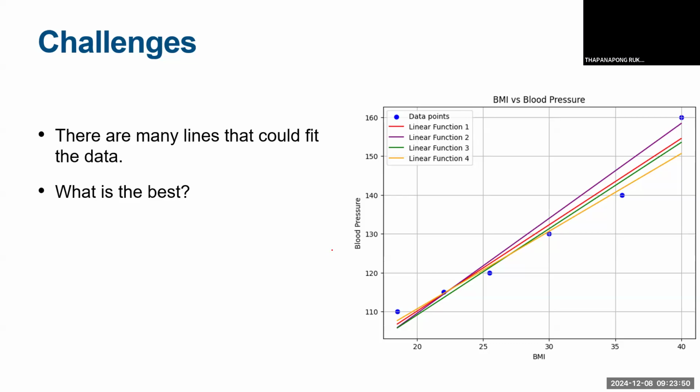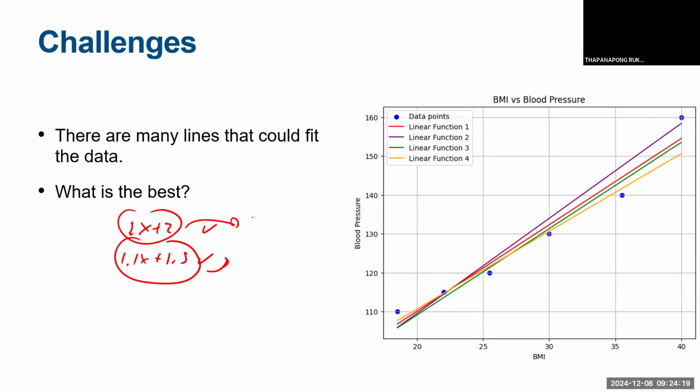So to pick the best line, you have to come up with some measurement to give a score to a line. I give you maybe 1x plus 2, and then 1.1x plus 1.5, so I have 2 lines right here, and you need some function that transforms each into a score.